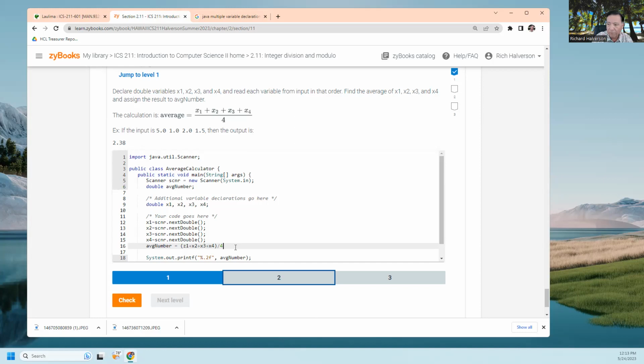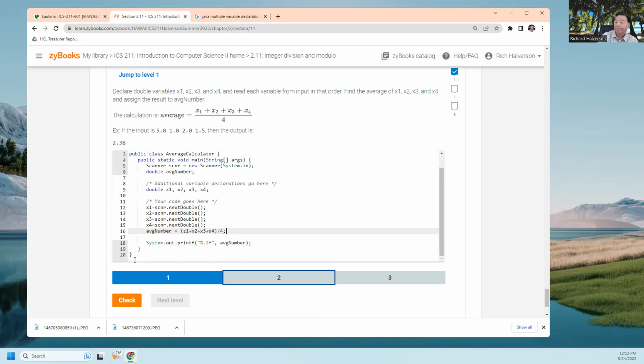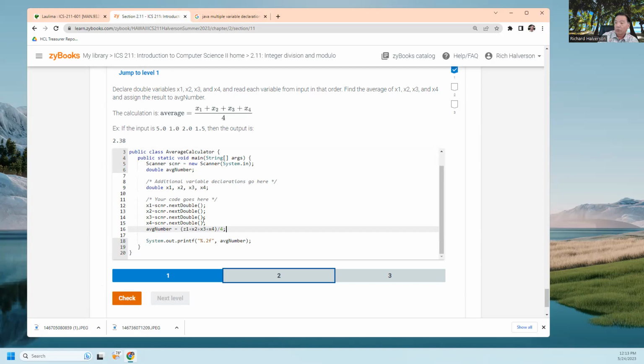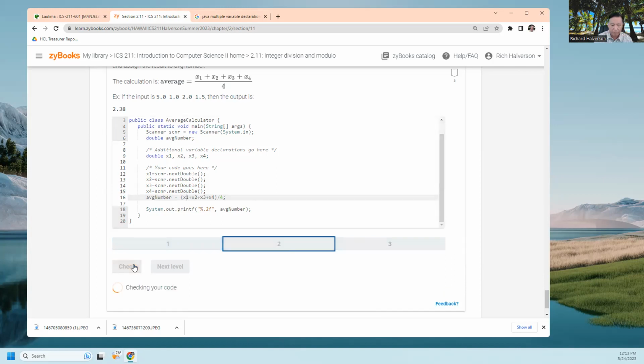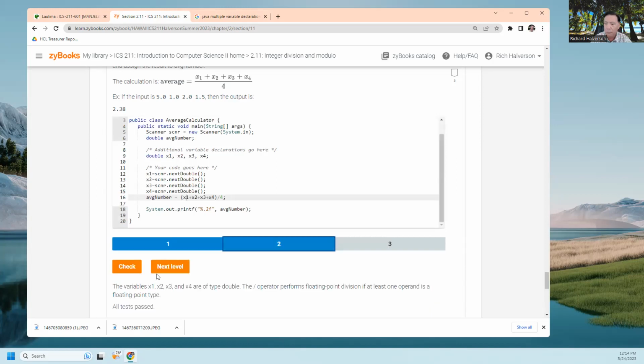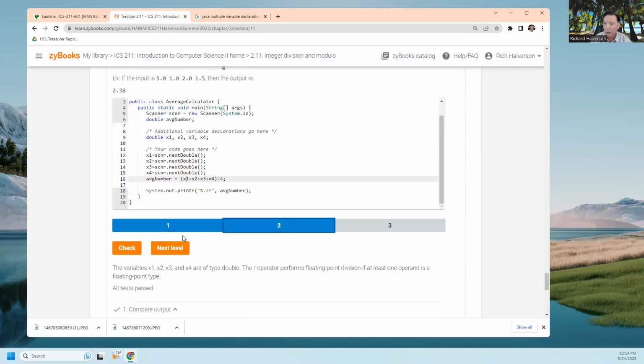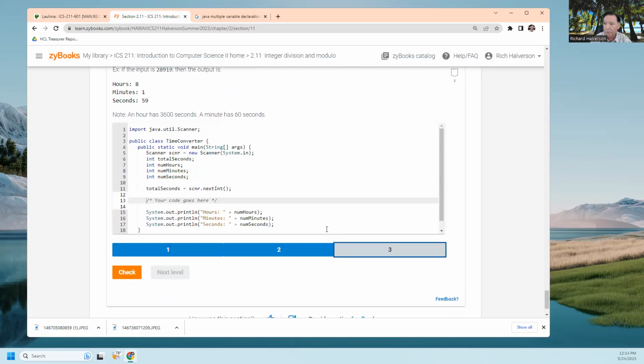And all those x's are floating points, so are doubles, so I can just do that. Looks good. So what's next?